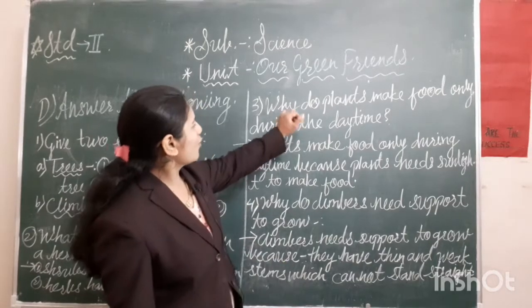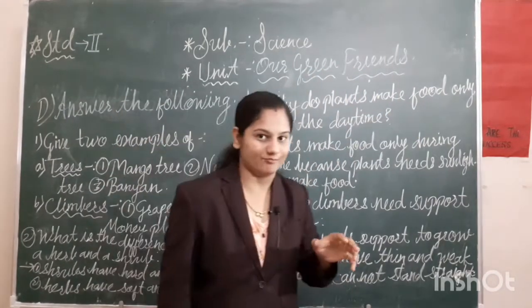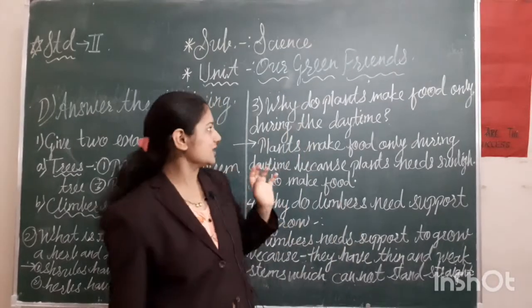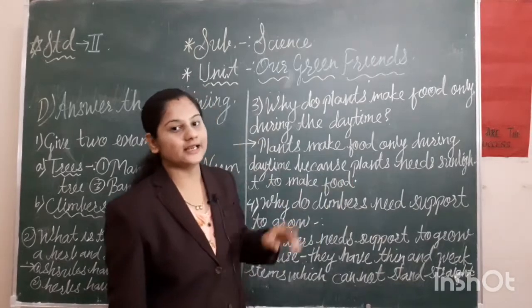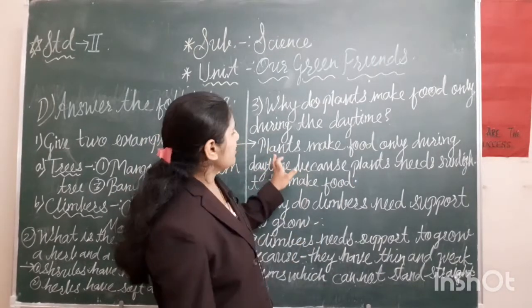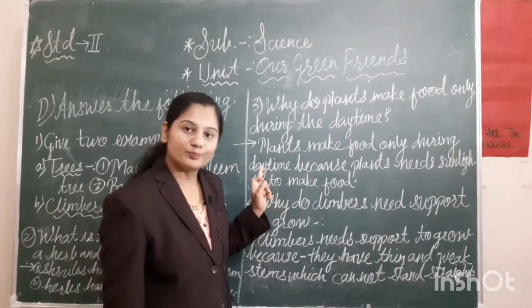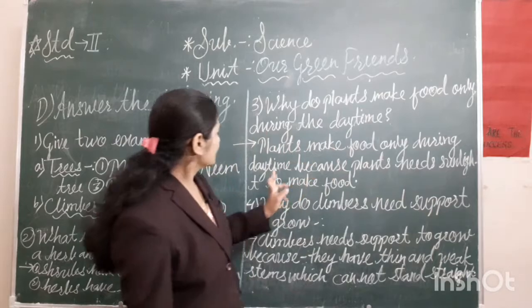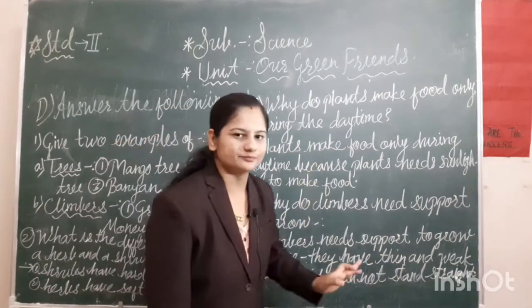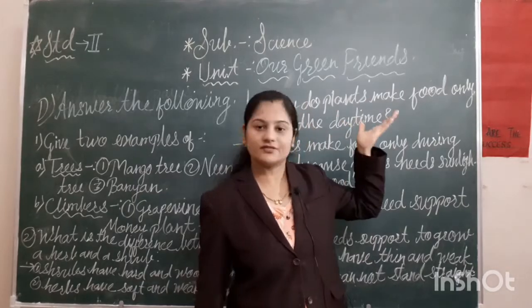Question third, why do plants make food only during the daytime? Yes students, they ask us why plants make their food only in the daytime. Now see, plants make food only during the daytime because plants need sunlight to make food. Only during the day do we have the sunlight.